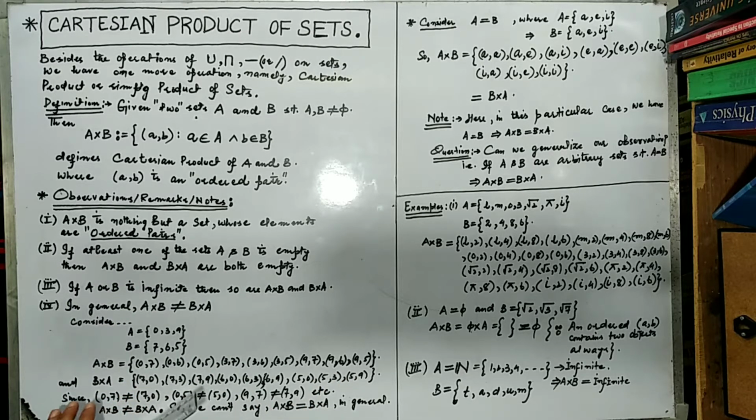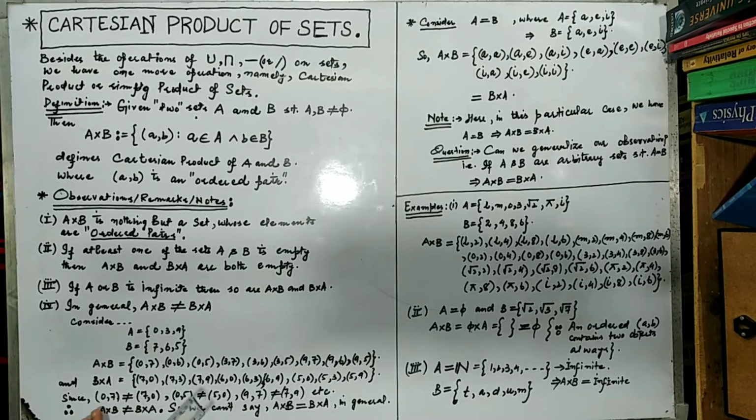As you can see, if I also calculate the Cartesian product B cross A, we get this very set. Now apply the definition of equality of two sets.